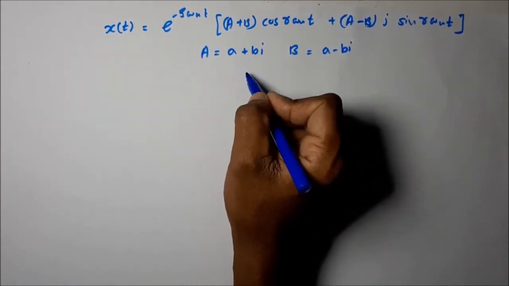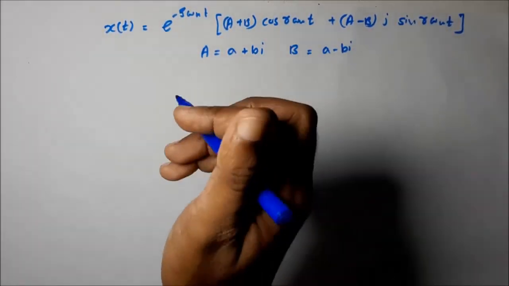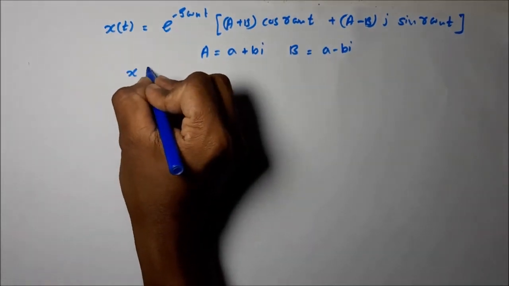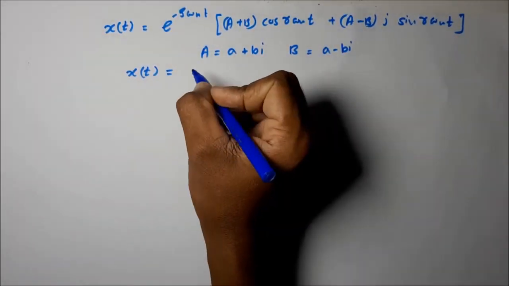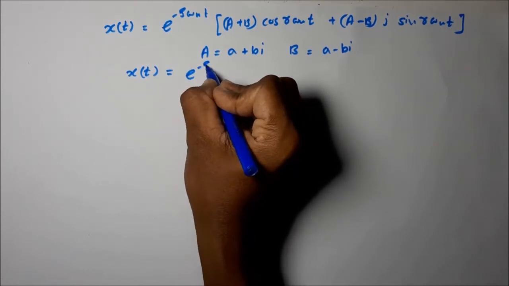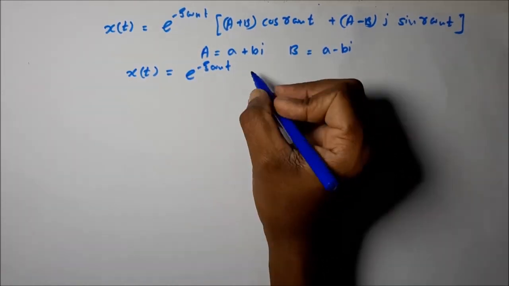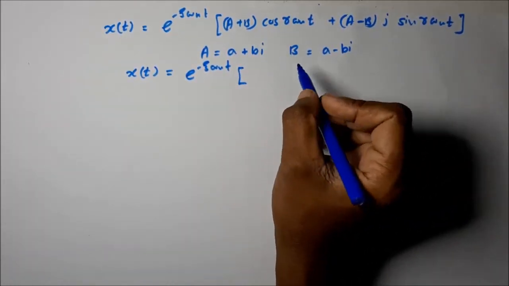So I am going to substitute these complex conjugate numbers into this equation and show how it becomes a real value. We have e^(minus theta omega n t). Then A plus B, what is A plus B?